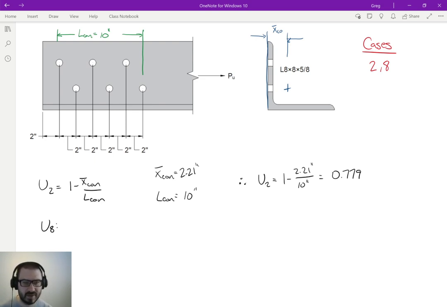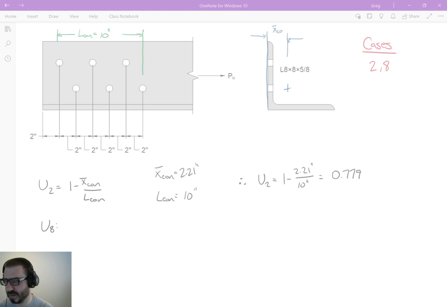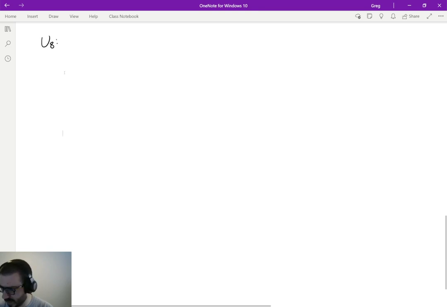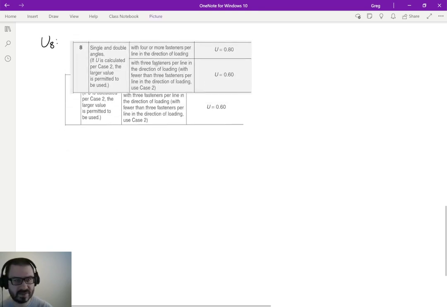So bear with me, once this snipping tool decides to load up. There we go. That's a little easier.